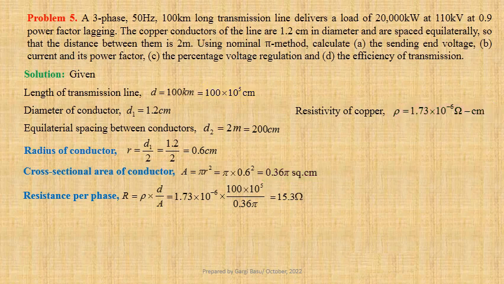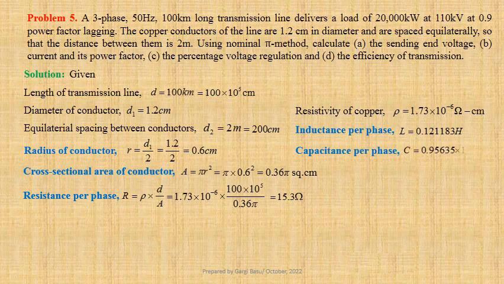We have computed inductance per phase, L equals 0.121183 Henry, and capacitance per phase, C equals 0.95635 into 10 to the power minus 6 farad.